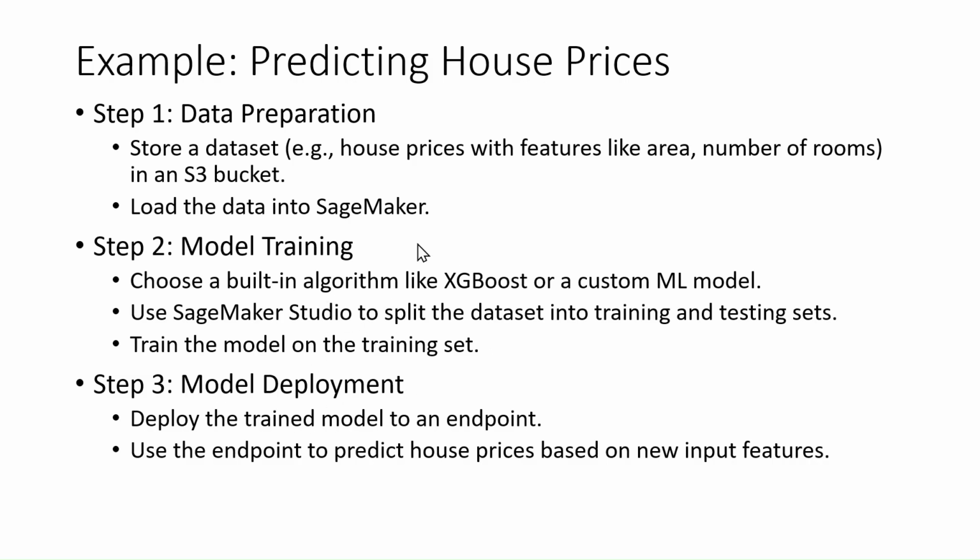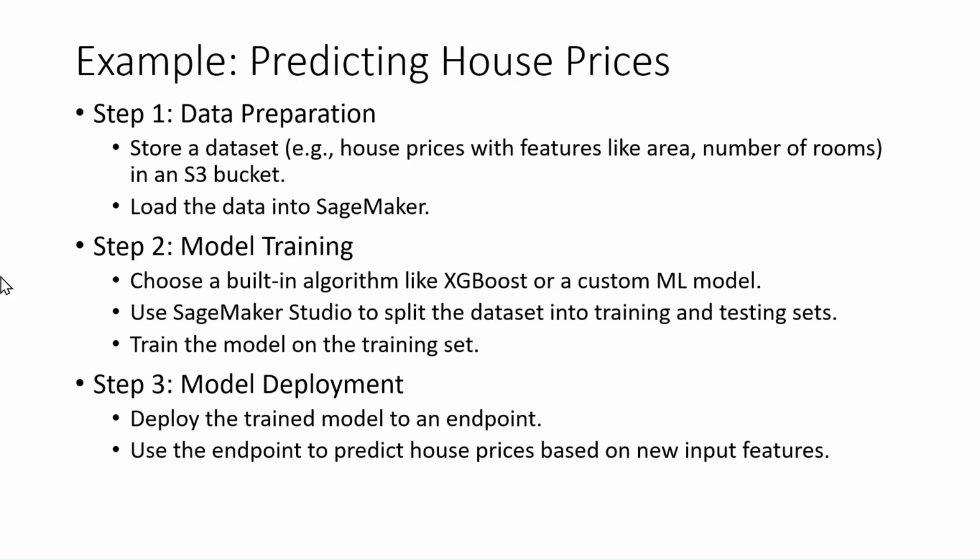Next is model deployment. Once it's been done, you are expecting the accurate value or somewhat related output, so we can go and deploy the model. Deploy the trained model to an endpoint for testing. In that case, we will go and provide in the search bar, right, that this is a 3 BHK, or if you are buying a used house, you will provide inputs like this is the area and the dimension, this is the age of the house, and it will revert to you the estimated range of price.